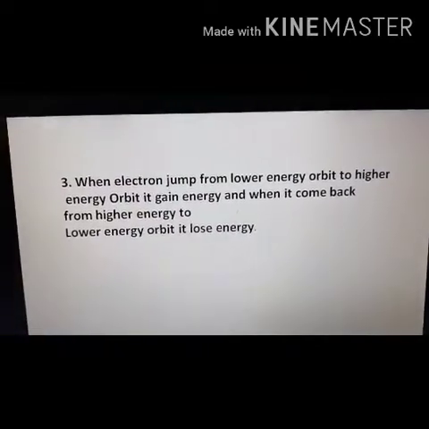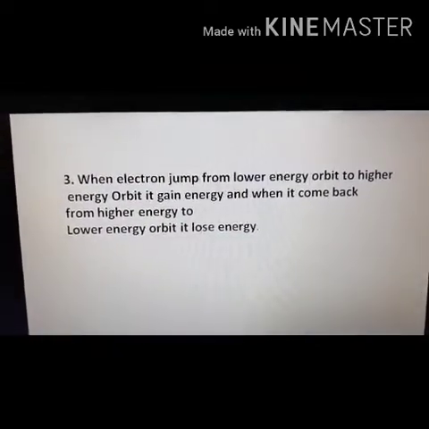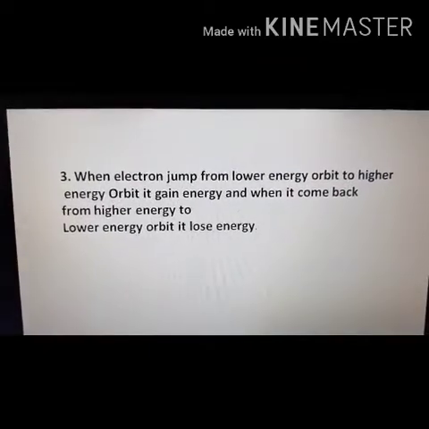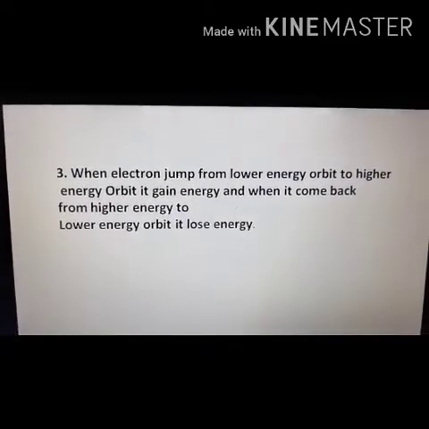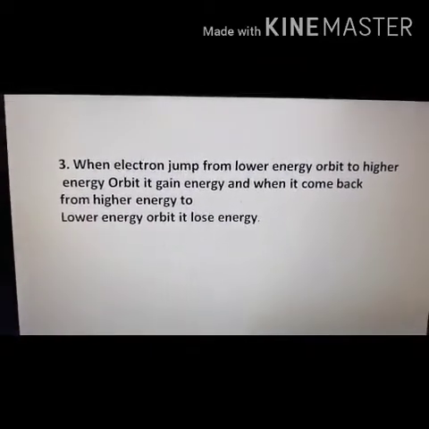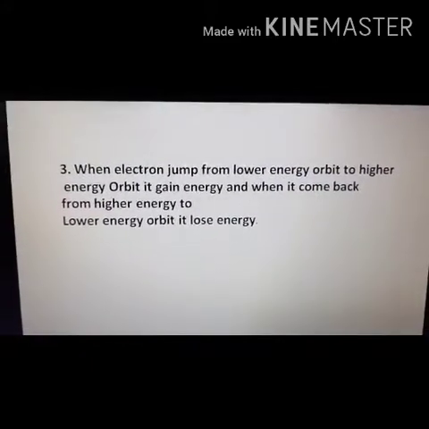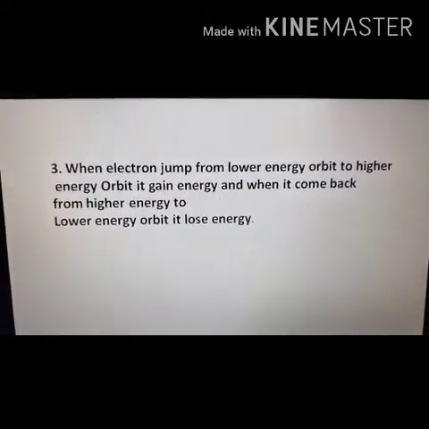Third postulate said when an electron jumps from a lower energy orbit to a higher energy orbit, it gains energy, and when it comes back from a higher energy orbit to a lower energy orbit, it loses energy.